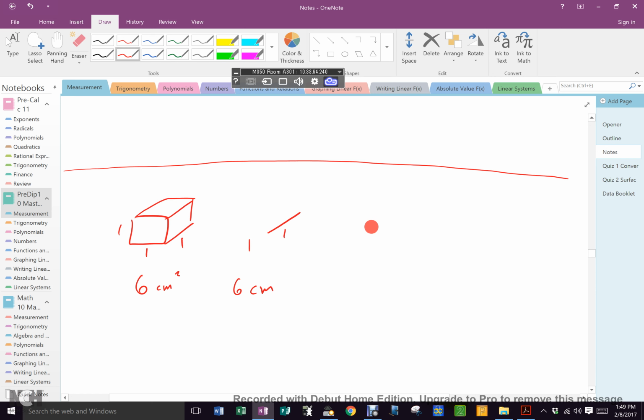Do I have 12? No. Why not? Because I lose that. It would be 10. I lose that twice. Everyone remembers this? I'll show you. It's the overlaps, right? Cube, 6 sides.